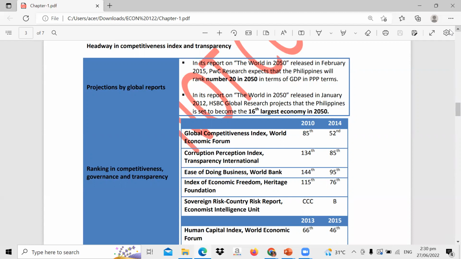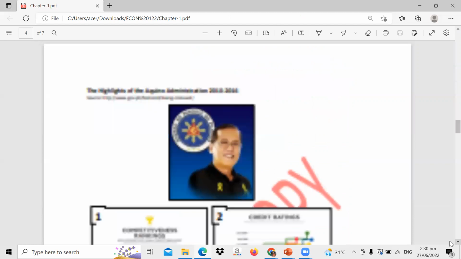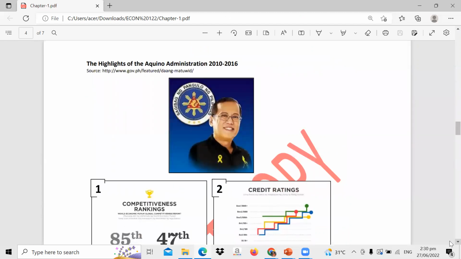These are the plans of the government by 2050 in terms of GDP. Okay, so just look into this one. And the highlights of the Aquino administration.